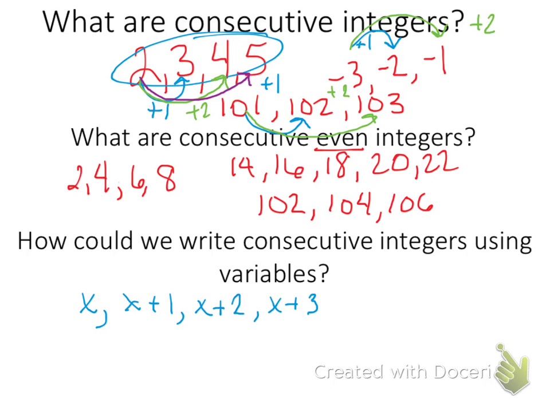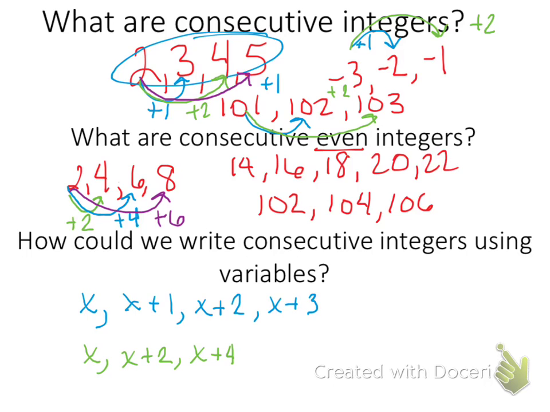How are consecutive even integers different? Well, again, we want the first number to be the variable, x. Then how is the first number related to the second number? We've gone up 2. So the second number is x plus 2. How about the first number related to the third number? It's up 4. So x plus 4. How about the first number to the fourth number?